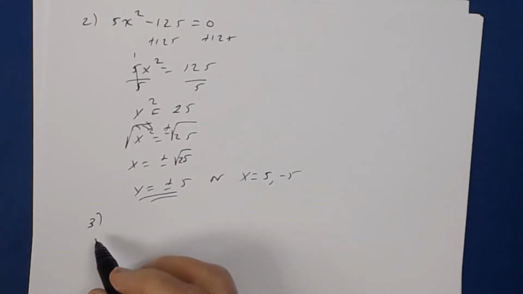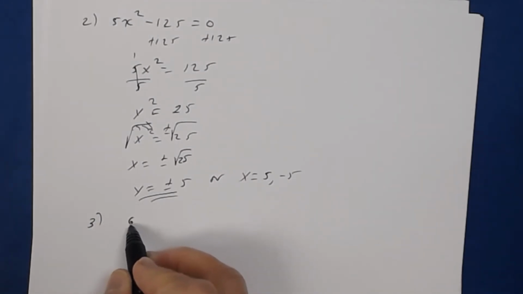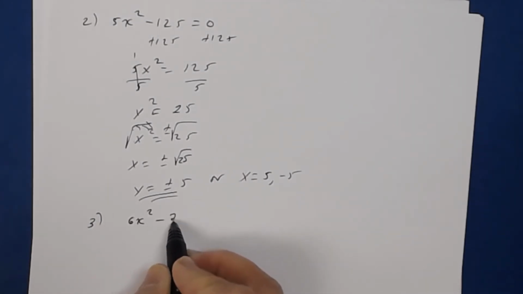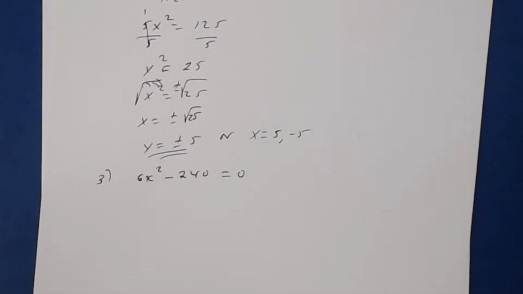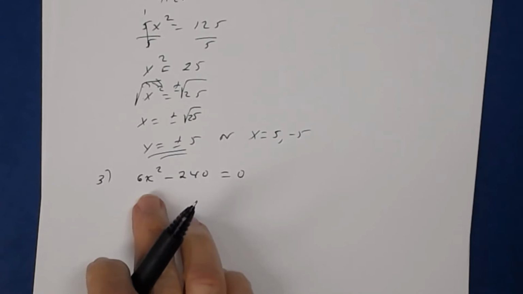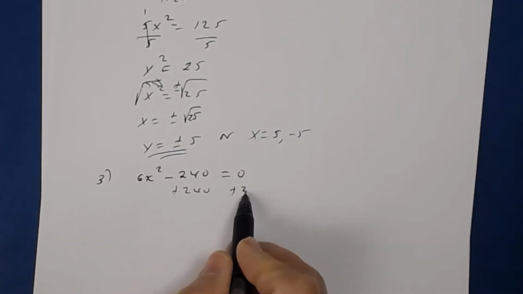Let's suppose in number 3, you have 6x squared minus 240 equals 0. So 6x squared minus 240 equals 0. Okay, well, it's just like number 2. First of all, you need to get x squared by itself. And so I'm going to add 240 to both sides.